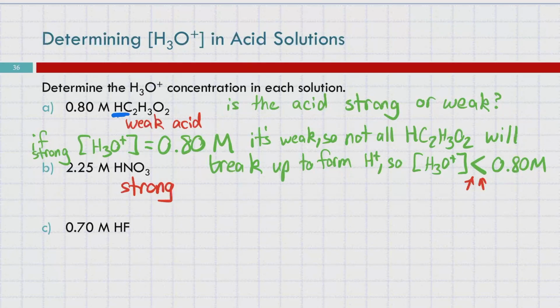Does none of it form H+? All of it forms H+. And we've got one H in front. So every one of these HNO3s is going to form H+. So our concentration of H3O+ is equal to that concentration.